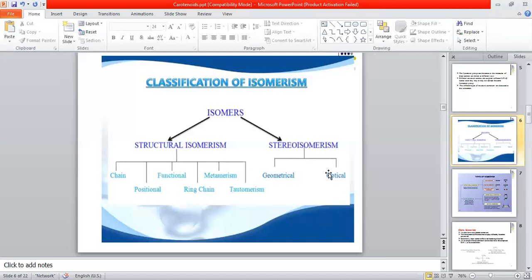In stereoisomerism, you have to try to visualize, or visually imagine, the spatial arrangement of the molecule. Stereoisomerism, enantiomers and diastereomers are based upon imagination only.